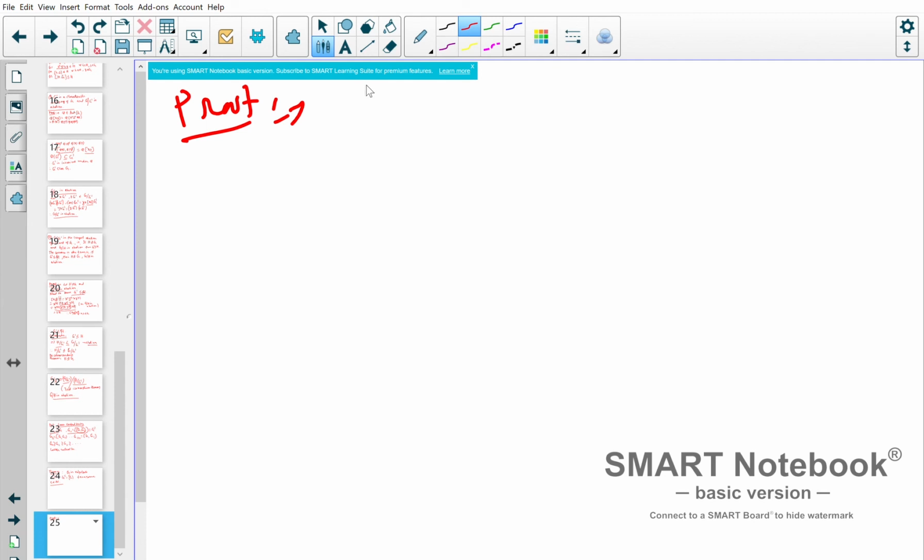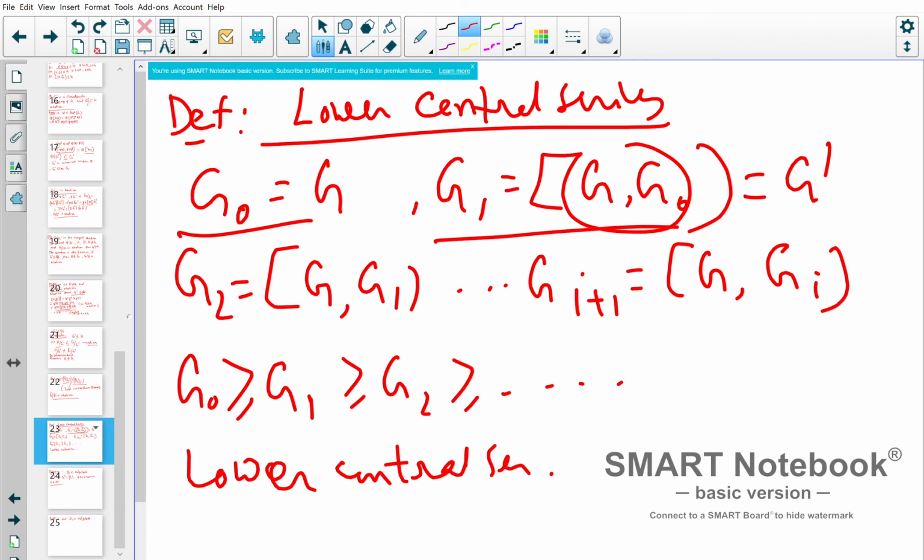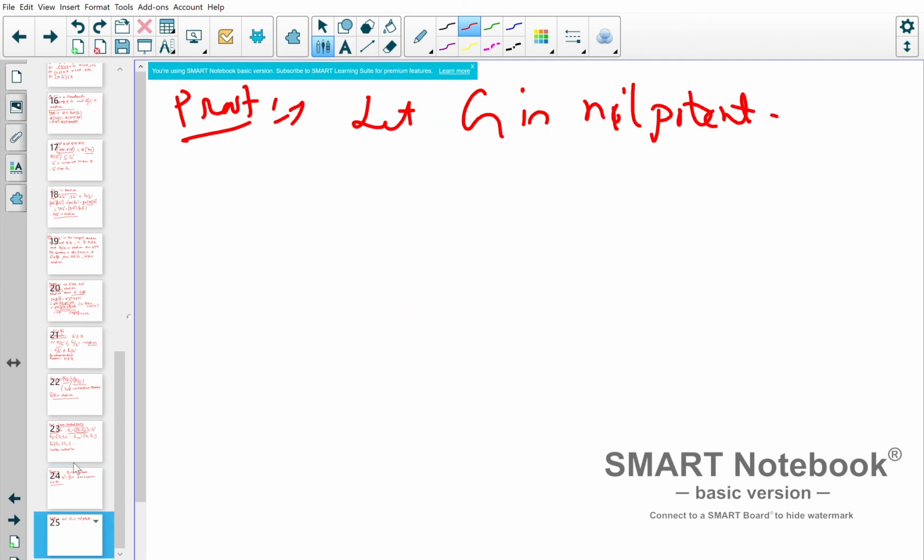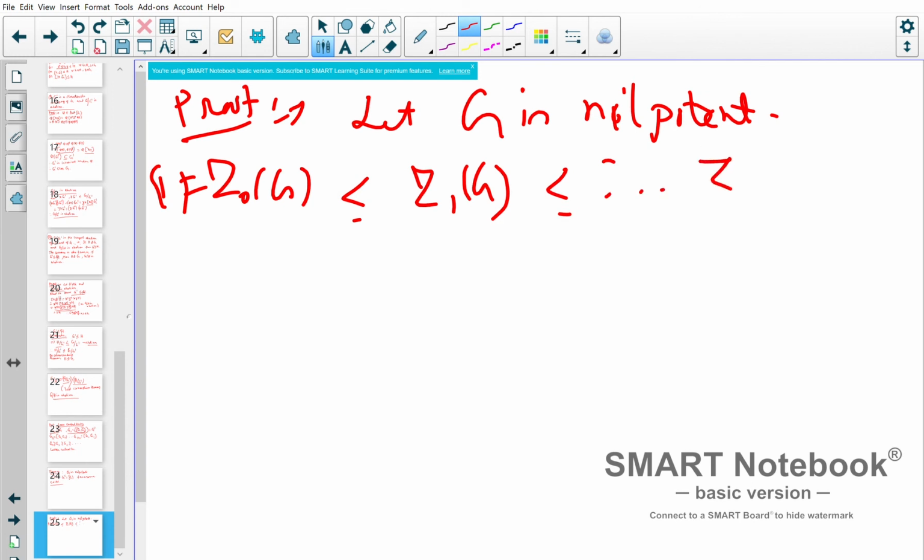So let G be nilpotent if and only if. I need to say that first if G is nilpotent then it is true, and if it is true then G is nilpotent. Now if G is nilpotent, then we know that Z0 G is the identity, and Z1 G is the center, and this series is of, say, class C. Then ZC of G will be equal to G. This we know.